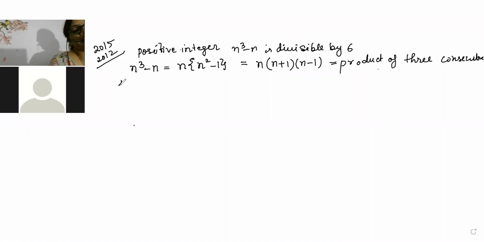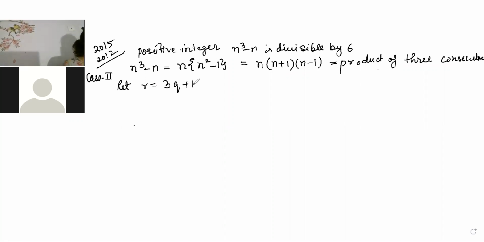So now let's discuss case 2. In the second case we will say let r is equal to 3q plus 1. Now beta, if r is equal to 3q plus 1, then what will be the next consecutive numbers? When you write 1, the next number is 2, which is 1 plus 1.